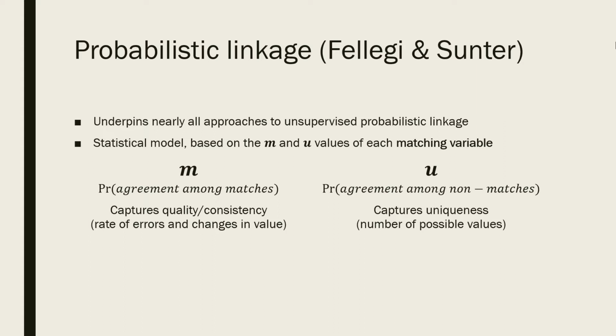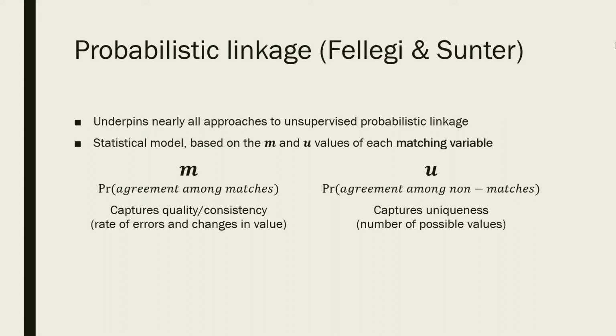So variables that are not subject to change over time very often, like date of birth or gender, have high M values. And this feeds through into low match weights, low match probabilities when you have disagreement on those variables. On the other hand, some matching variables are much more unique.